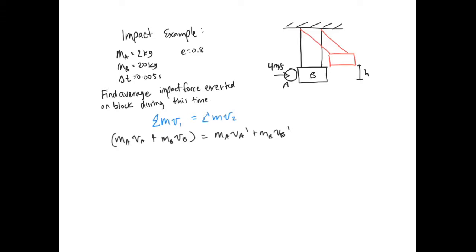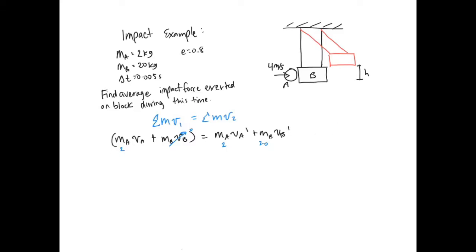We know our masses and our initial velocities, and we know that initial velocity vB is 0. The mass of A is 2, and the mass of B is 20.